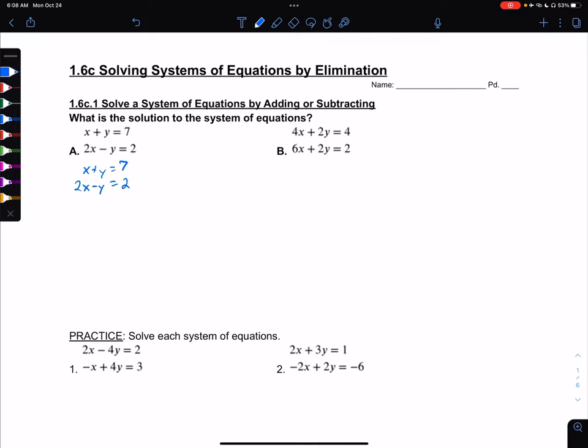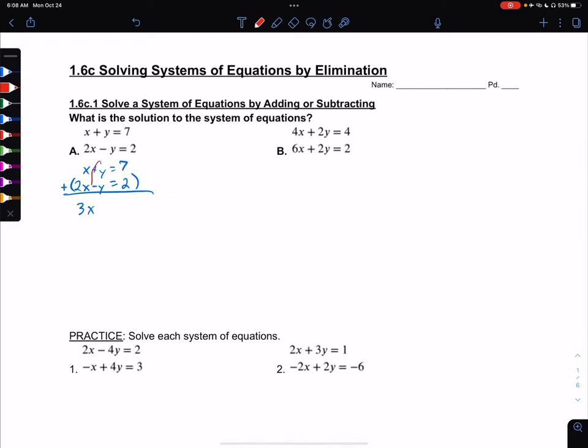And what that looks like is you can add vertically. So I can add the x terms, I can add the y terms, and I can add the constants over here. All right, so you're allowed to add up each of those three columns. And we can start by doing x plus 2x, and that would give us 3x.